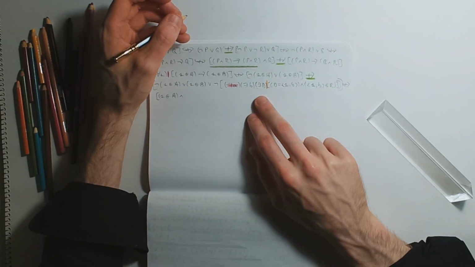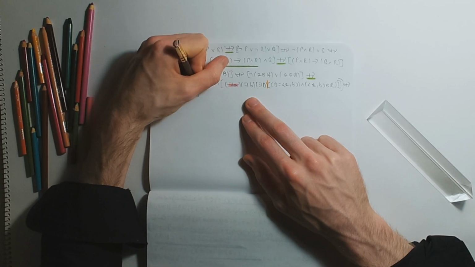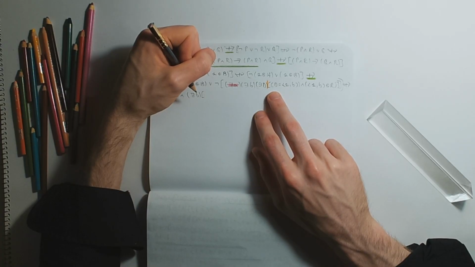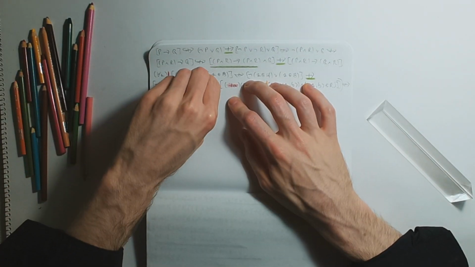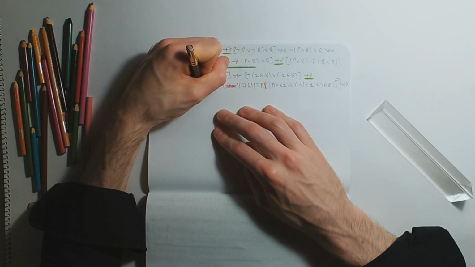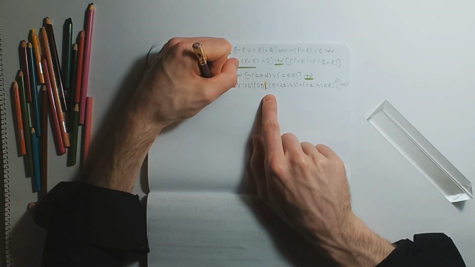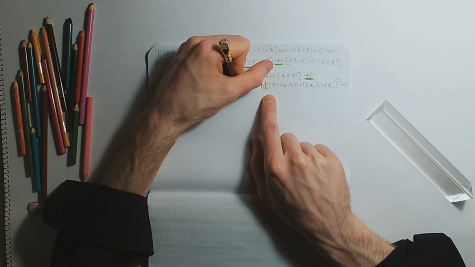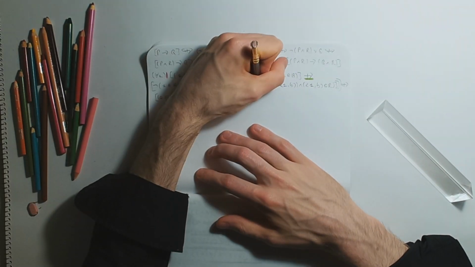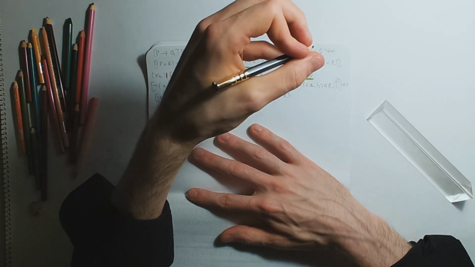S is an element of A, and there exists a B such that D equals the ordered pair SB. And ordered pair SB is an element of R. Okay.